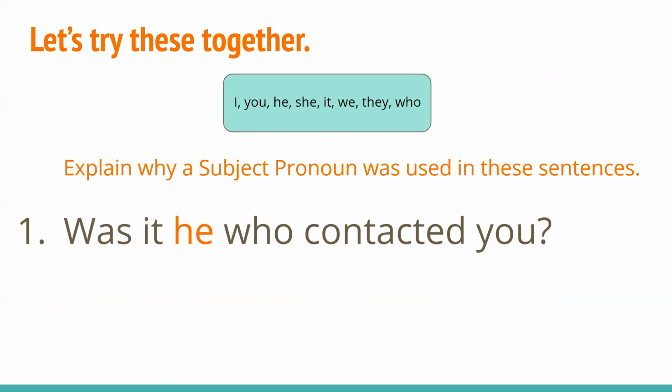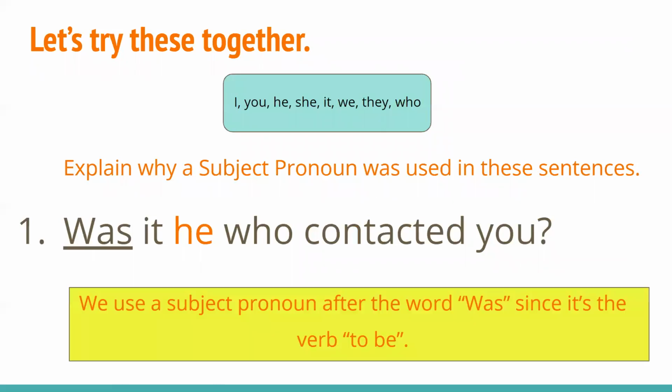Do you know why a subject pronoun was used in this sentence? Which word should we underline? So I underlined the word was because it's the verb to be. And what is my explanation? My explanation is we use a subject pronoun after the word was since it's the verb to be.